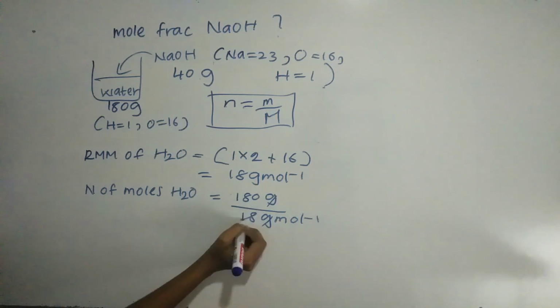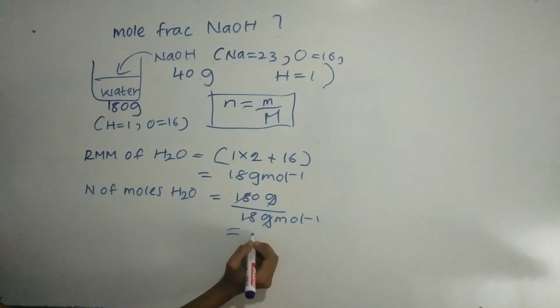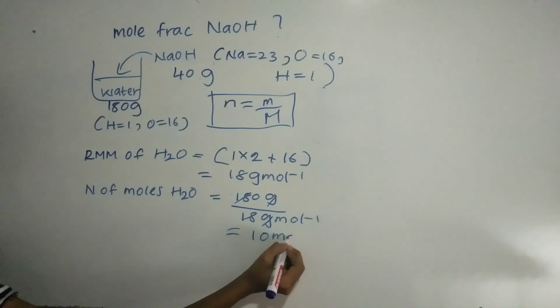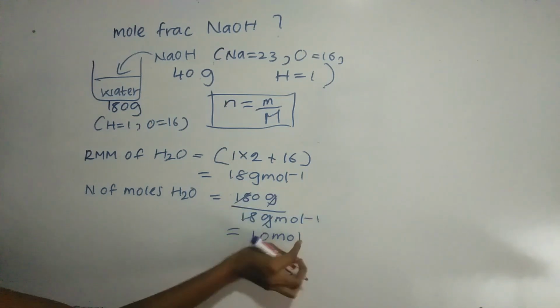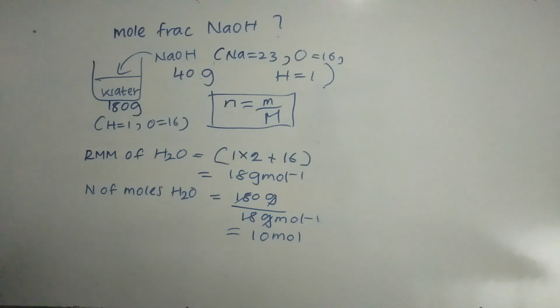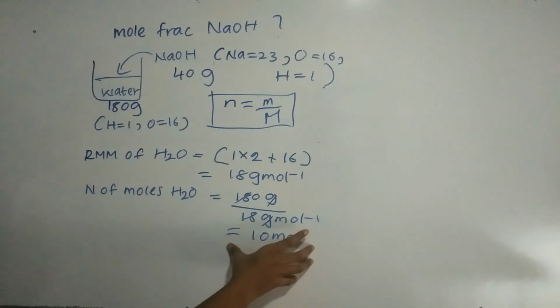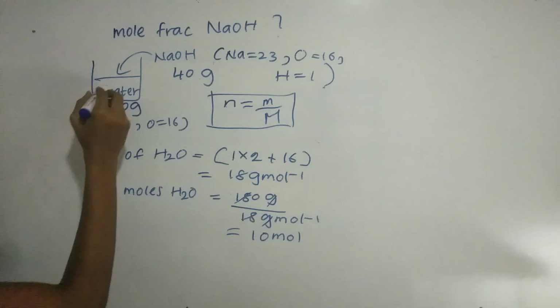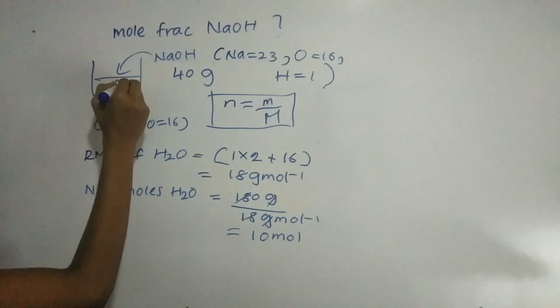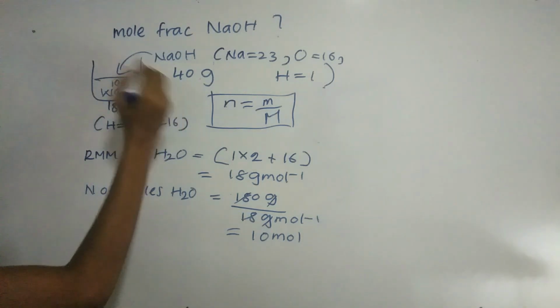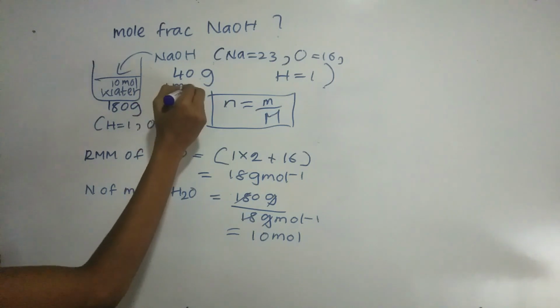Grams cancel. I get 10 moles. The per mole comes up and becomes mole. Now I have found the number of moles of water as 10 moles and the number of moles of sodium hydroxide as 1 mole.